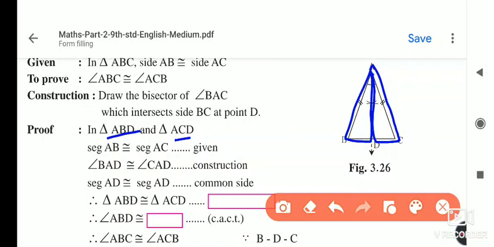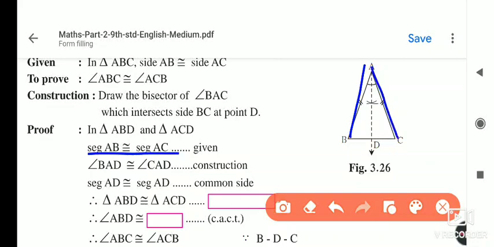Just now I explained how to show that these two triangles are congruent to each other. Just see here. AB is congruent to AC, it is given.